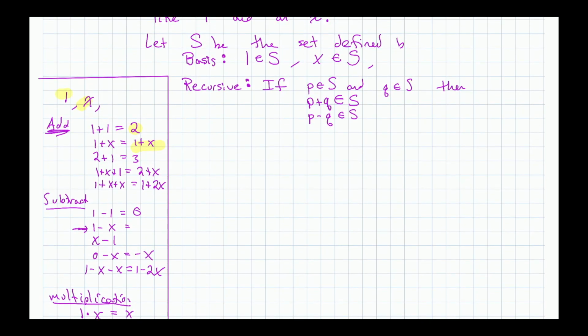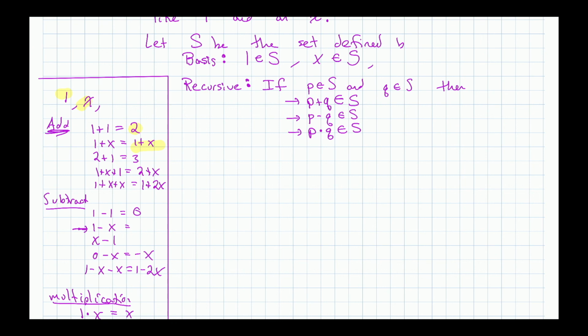So up here, I've got addition and subtraction, but I also think I need multiplication. So between all these, I think I can get positive coefficients from adding. I can get negative coefficients if I'm allowed to subtract. And I think I can get powers of x if I'm allowed to multiply them.